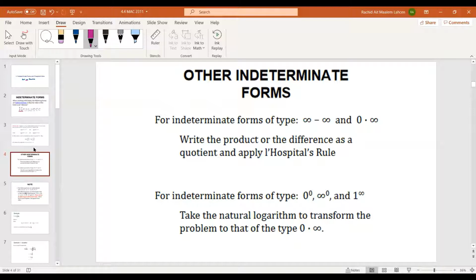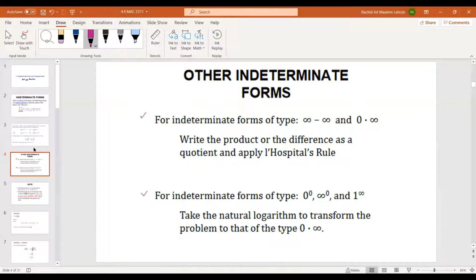Similar thing here. We're going to take the function we're looking for the limit of, and take a natural log to transform the problem to a form in which we get that type of 0 times infinity. So if you get 0 times infinity, then you can go back to this one, right?